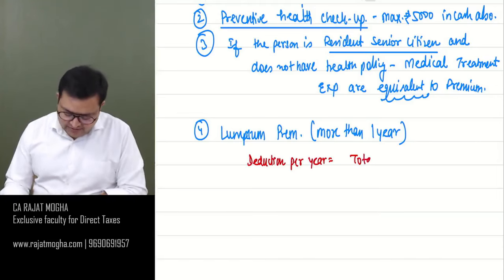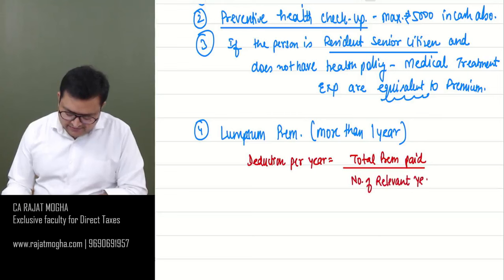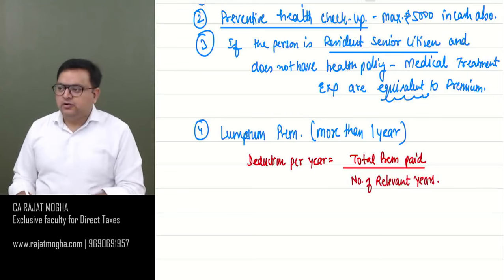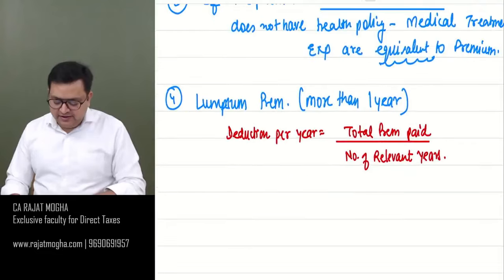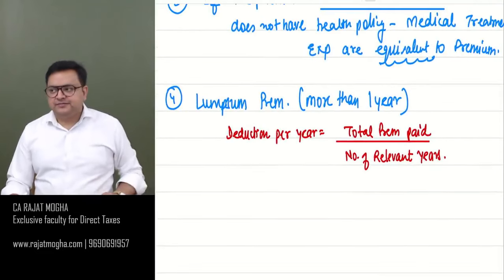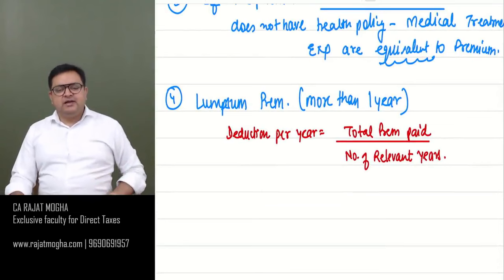So total premium paid divided by number of relevant years. Now what does it mean by number of relevant years?